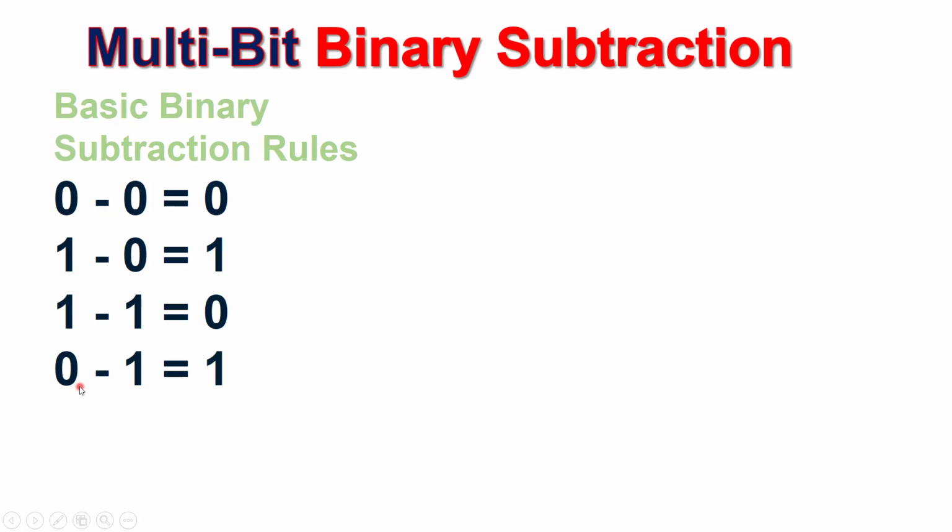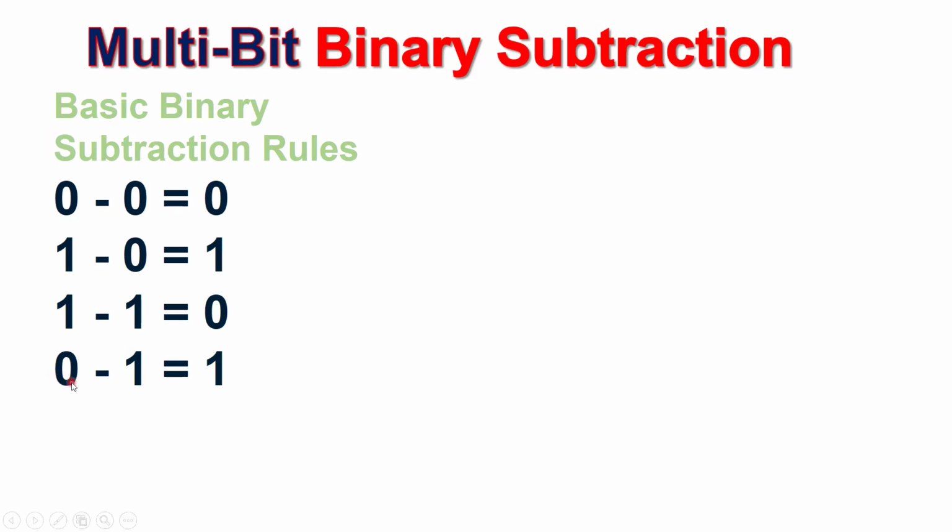And finally, if you want to subtract 1 from 0, obviously 0 is less than 1. So in binary, this is treated as 0 has to borrow 1 from another bit, then only will it allow this subtraction to take place.